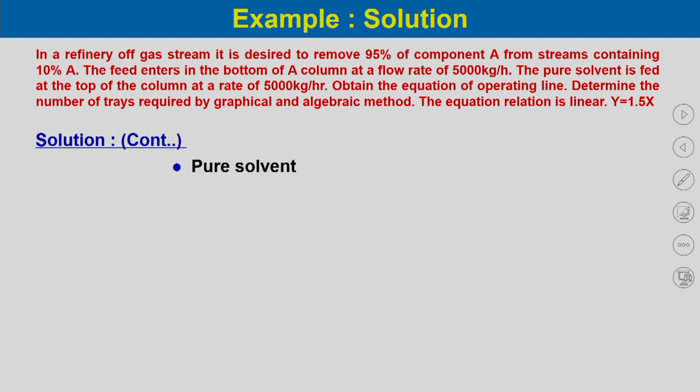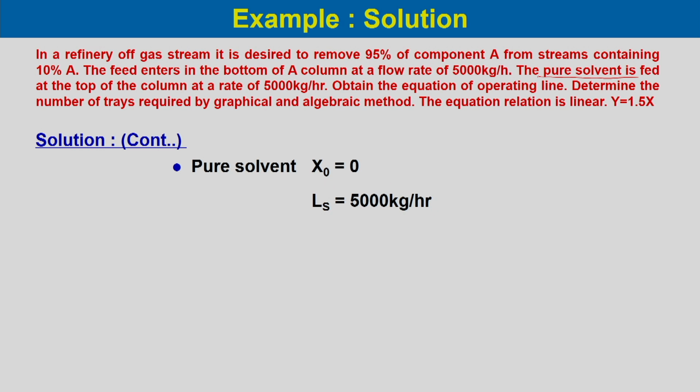Now, it is given that the solvent which enters is a pure solvent. So x naught would be 0, and Ls would be 5000 kg per hour, which is given, since it is on a solute free basis.